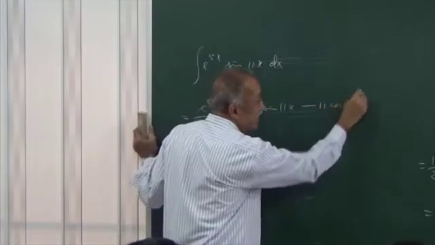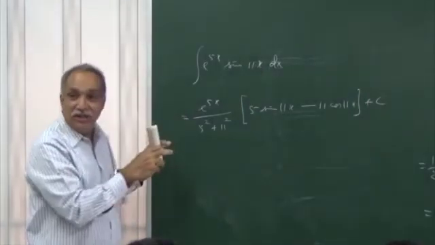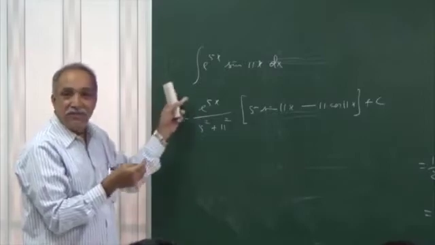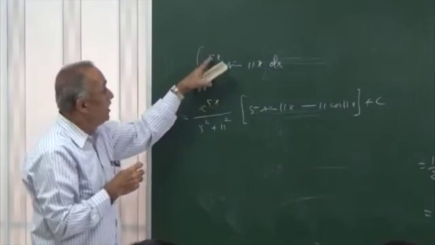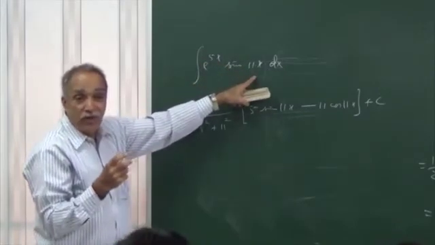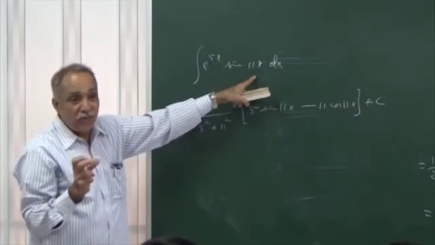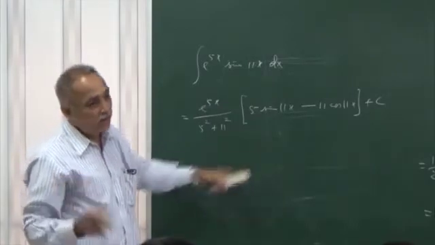Should the whole thing be divided by another number? No, as it is we applied the formula. No replacements have taken place. This is e to the power ax, a equal to 5, into sin bx, b equal to 5. As it is, the formula has been applied. No extra replacements have been made. Direct application of the formula, the answer is obtained. Okay.